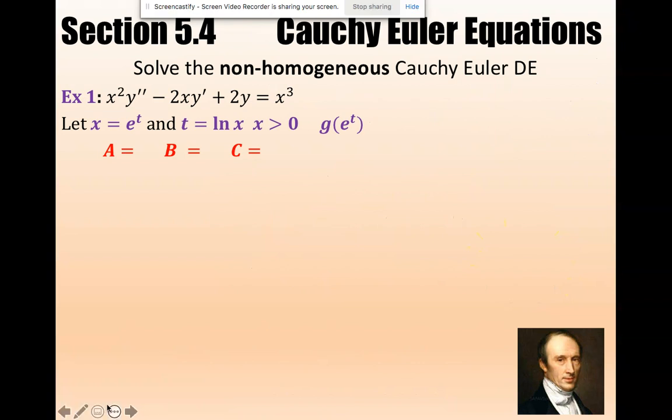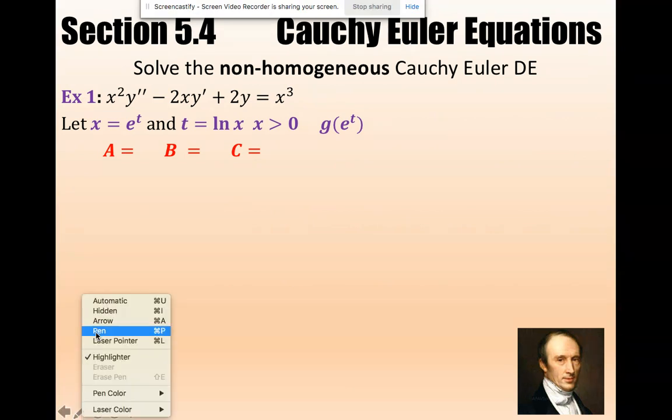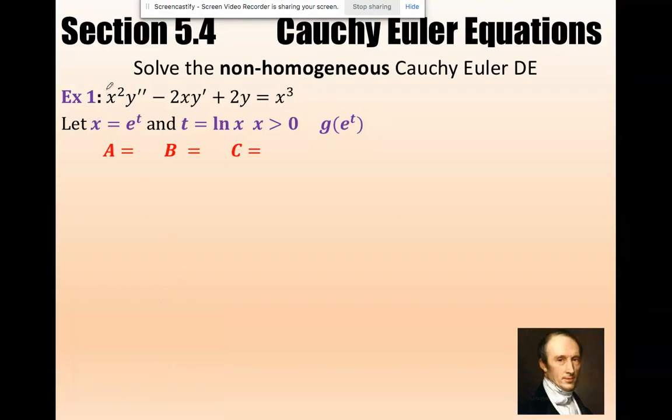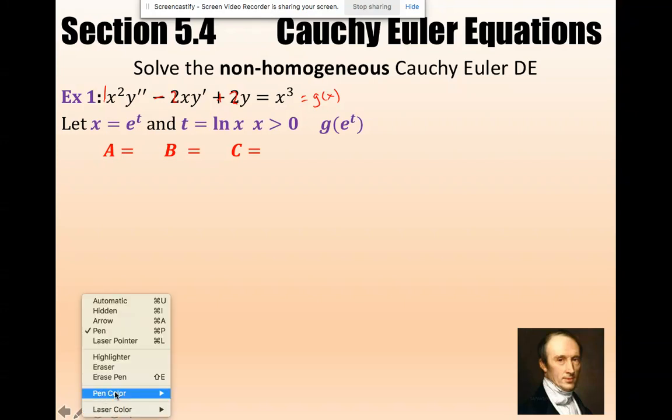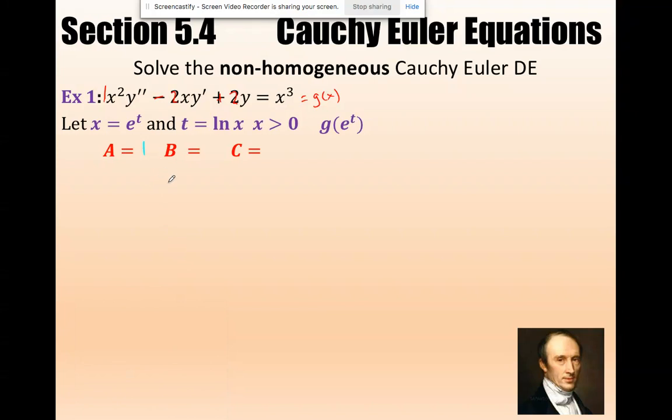Let's do an example. All right, up here in x land, little a is 1, little b is -2, little c is +2, and g of x is x squared. Let's do our transformations. Capital A is the same as little a.